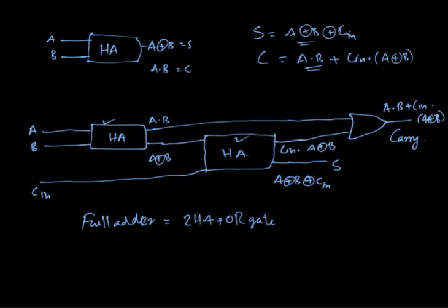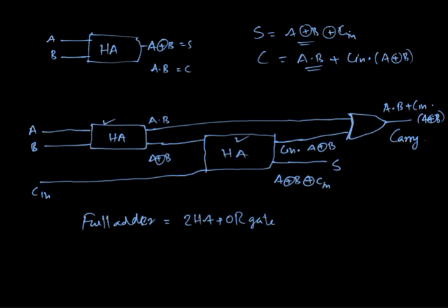But if we cascade the half adders in this way, we need to use an OR gate at the end, or you can use two or three NAND gates to construct an OR gate. That we know, how we can construct an OR gate using NAND gates. So you can use an OR gate here.